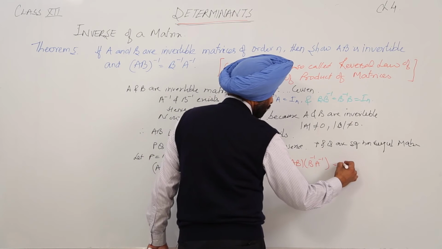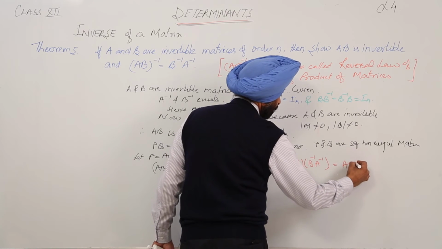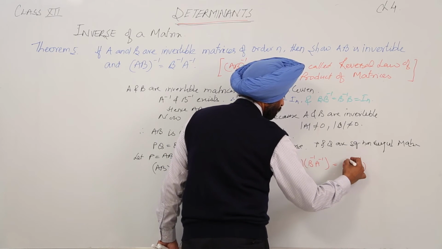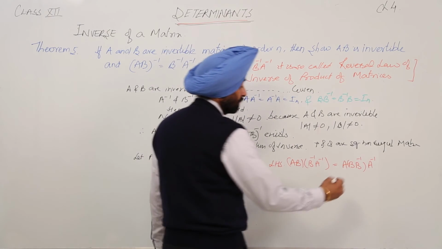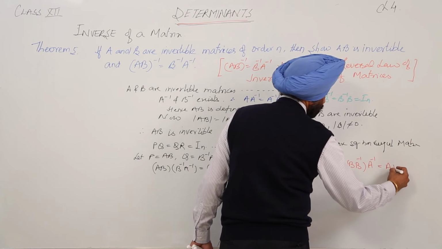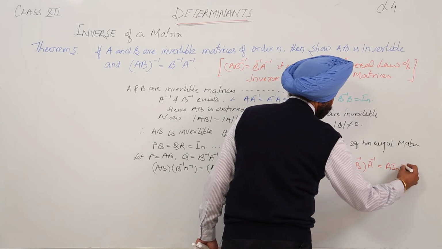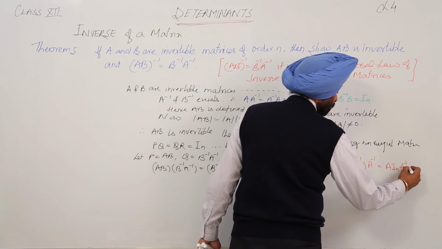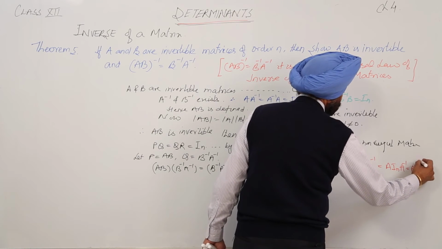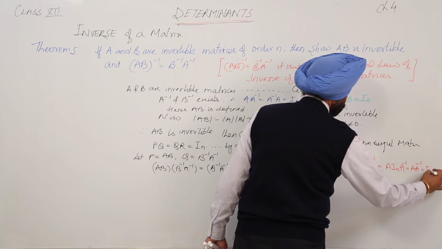Now this can be written as A, B, B inverse, A inverse. Further, this can be written as A with IN with A inverse, and this is equal to A A inverse, and this is equal to IN.